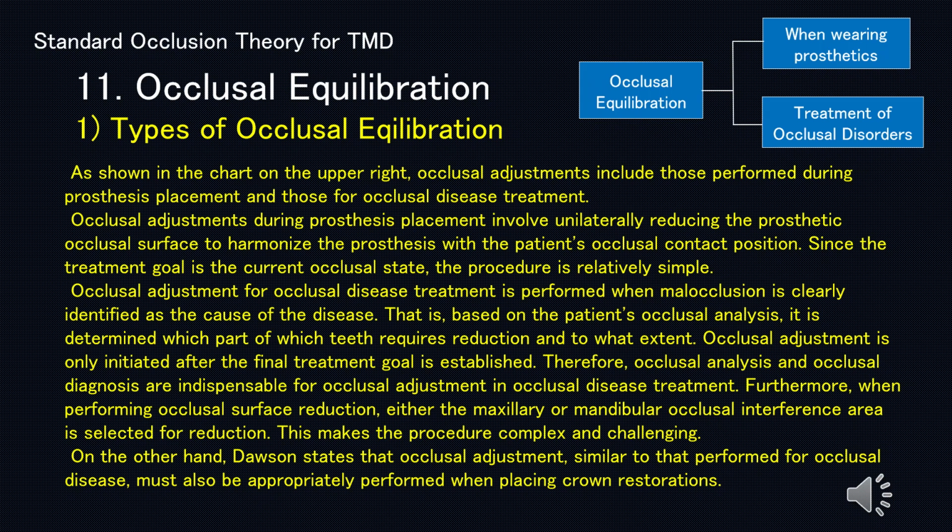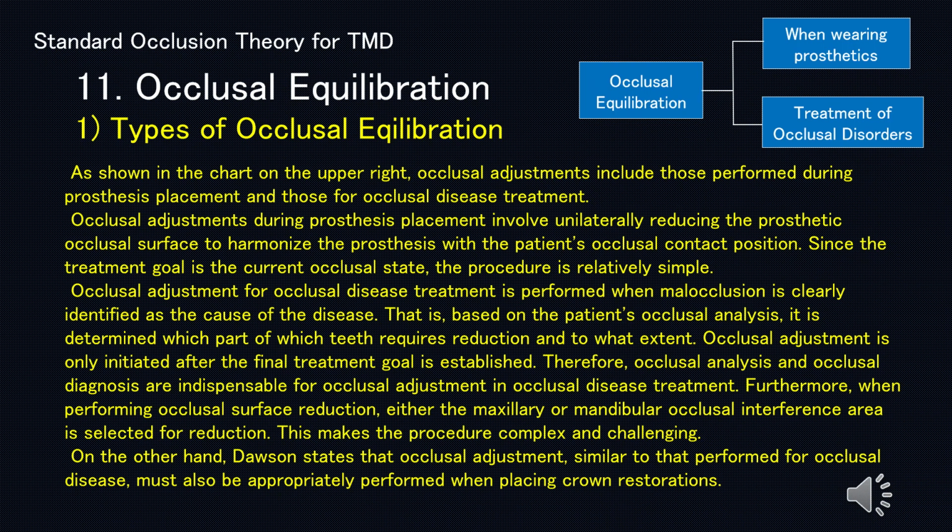Occlusal adjustment for occlusal disease treatment is performed when malocclusion is clearly identified as the cause of the disease. That is, based on the patient's occlusal analysis, it is determined which part of which teeth requires reduction and to what extent. Occlusal adjustment is only initiated after the final treatment goal is established.